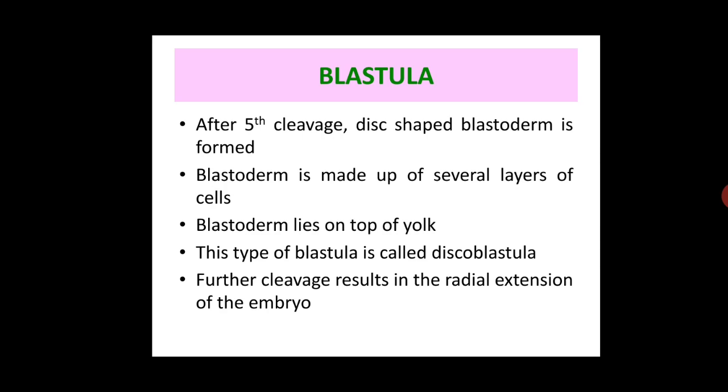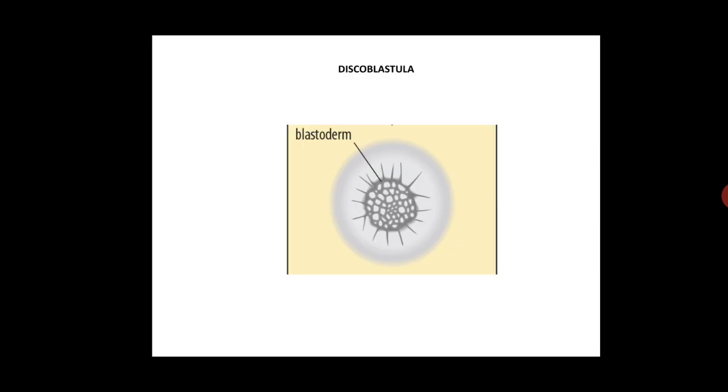This type of blastula is also called discoblastula. Further cleavage results in the radial extension of the embryo. This is blastoderm and is superficial in position.